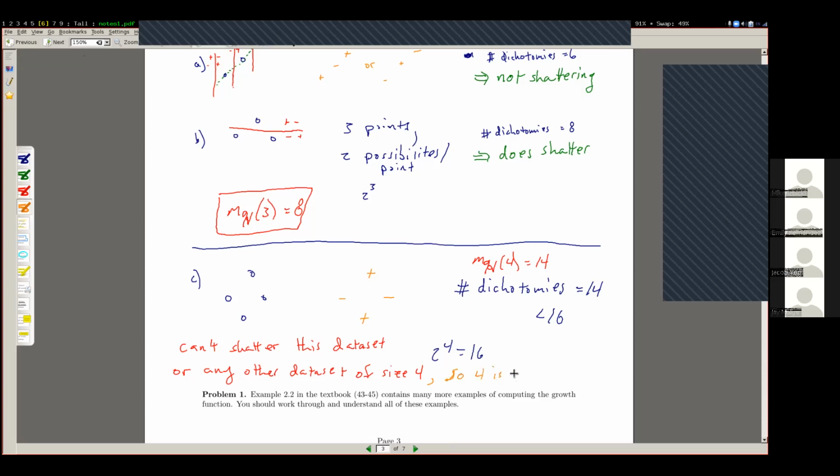So 4 is a breakpoint. And it's also true that if you can't shatter a data set of size 4, you can't shatter one of size 5 or 6 or 7 or anything larger than 4. And so any larger number than 4 would also be a breakpoint.